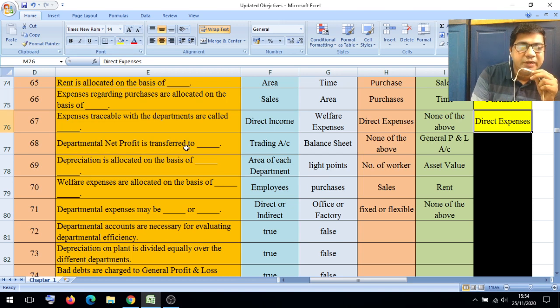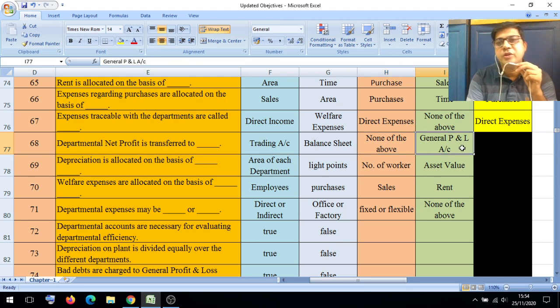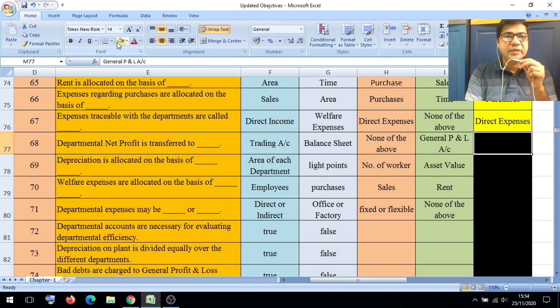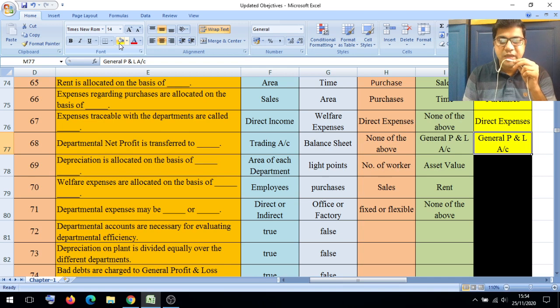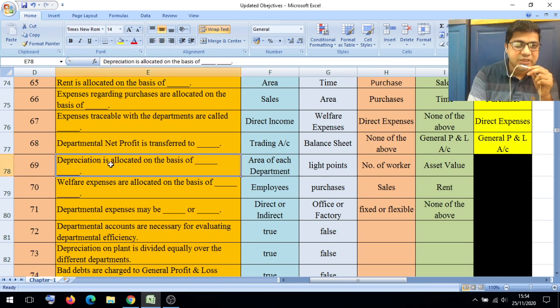Departmental net profit is transferred to dash: trading account, balance sheet, none of the above, general profit and loss account. So the answer is it is transferred to general profit and loss account. Depreciation is allocated on the basis of dash.